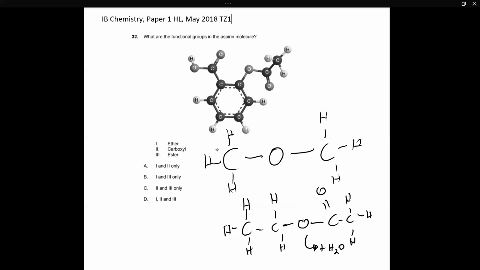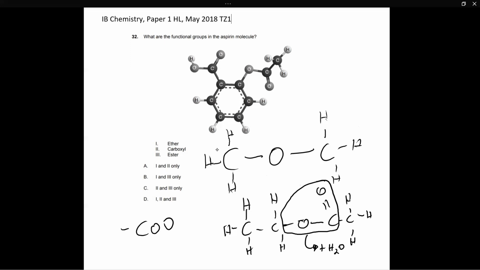Now, you may be a bit confused between the ether and ester bond because look, it's the exact same thing, right? You may think that, but the difference is that this alone is not the functional group. This is alone not the ester functional group. The ester functional group actually constitutes of this. This is the ester functional group. So the ester functional group is actually COO.